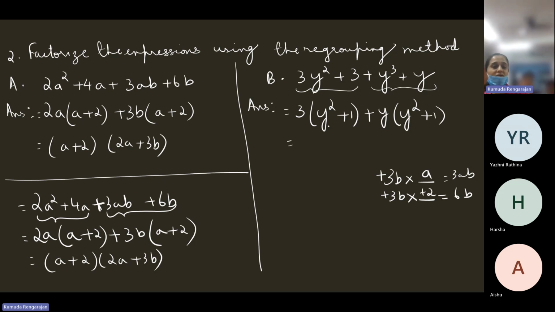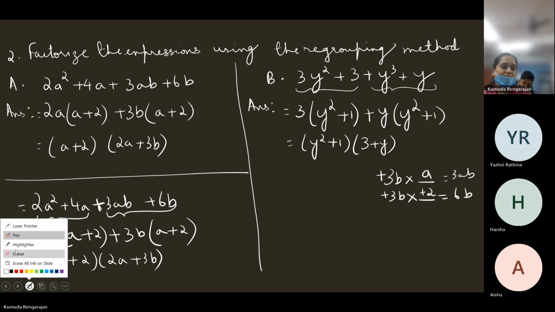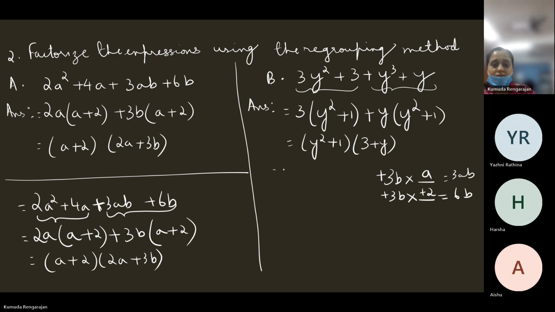So see, you have the same expression in both the brackets: y square plus 1, y square plus 1. So write it once. And then you can write this as 3 plus y or y plus 3. Both are the same. 3 plus y, anything. All right? Yeah, right. Am I right? Yeah.